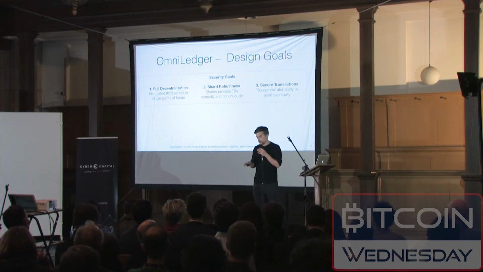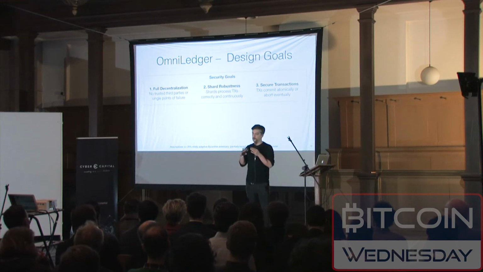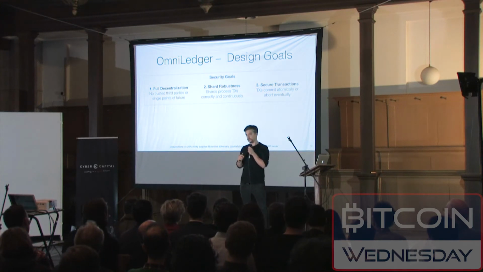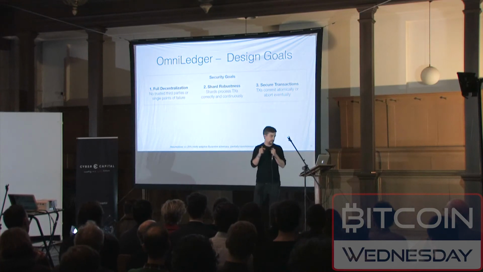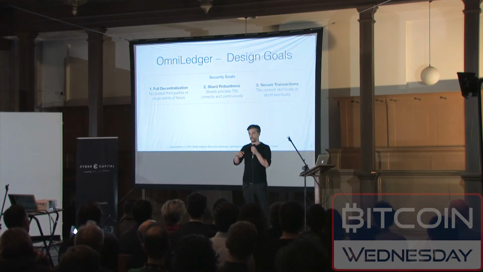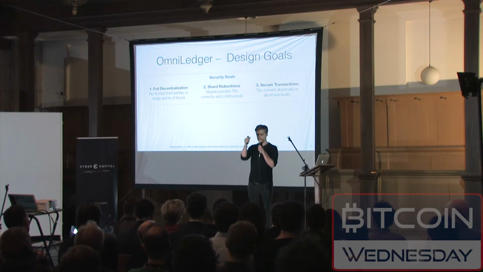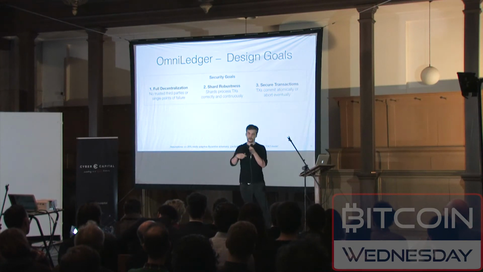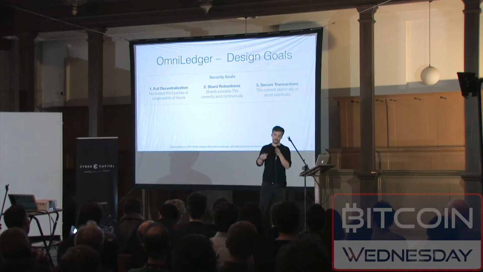Since we are interested in the permissionless model, we want to allow that validators are able to join and leave the shards at any time as they wish, without the shard falling apart. So the shard should still be able to process transactions securely and continuously.